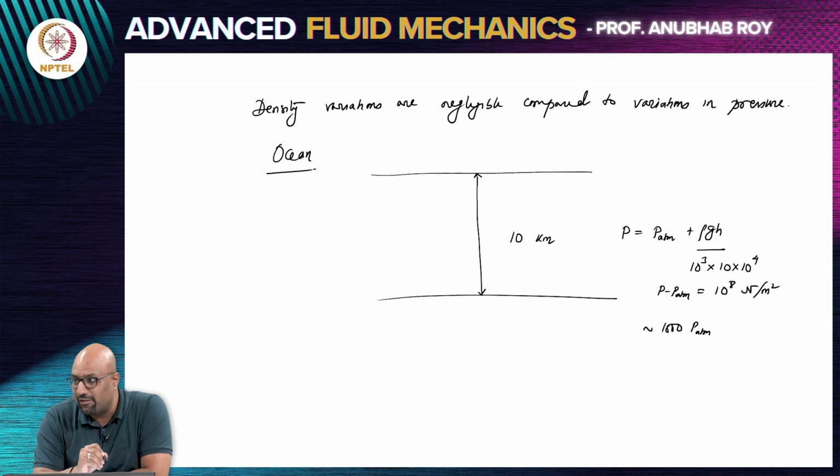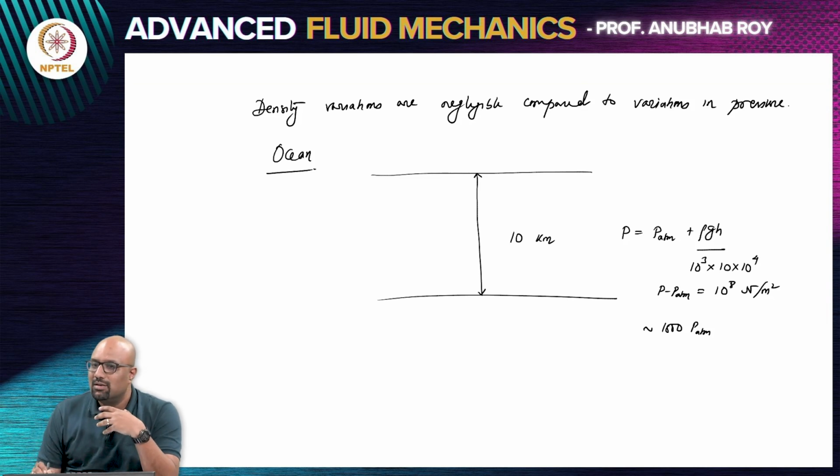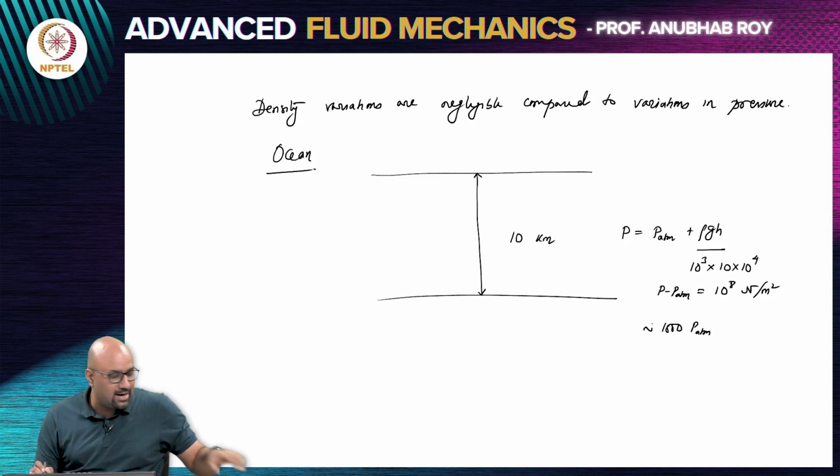Atmospheric pressure is 10 to the power 5 Newton per meter square, which means at the deepest point you have 1000 times the atmospheric pressure, which is huge. It's really a large value of pressure, which is why if you have to design submersible vehicles which can access the deepest part of the ocean, you have to spend a lot of effort in the designing process.